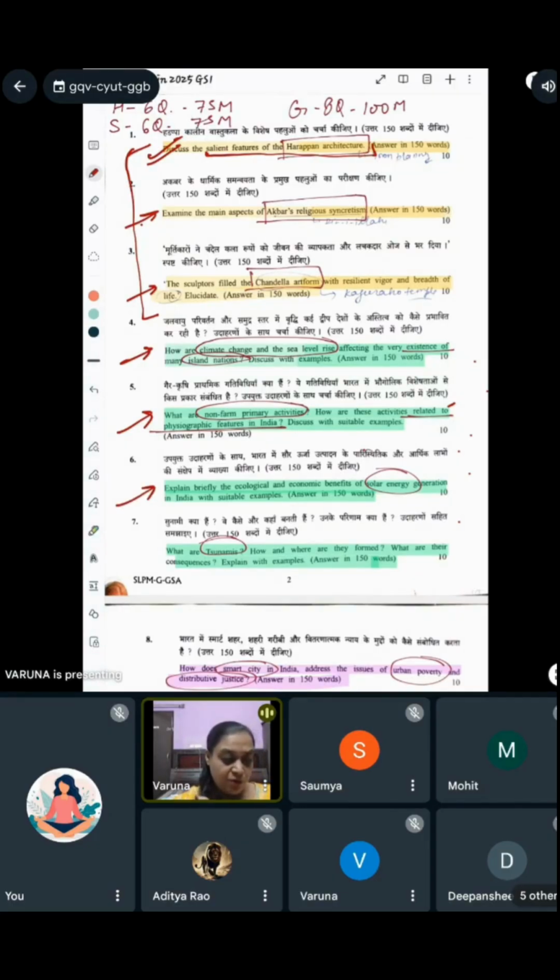Explain briefly the ecological and economic benefits of solar energy generation in India with suitable examples. Solar energy or the energy transition or the green energy, clean energy, that is there in news. It was a major theme of the Economic Survey, if you are well versed with it.